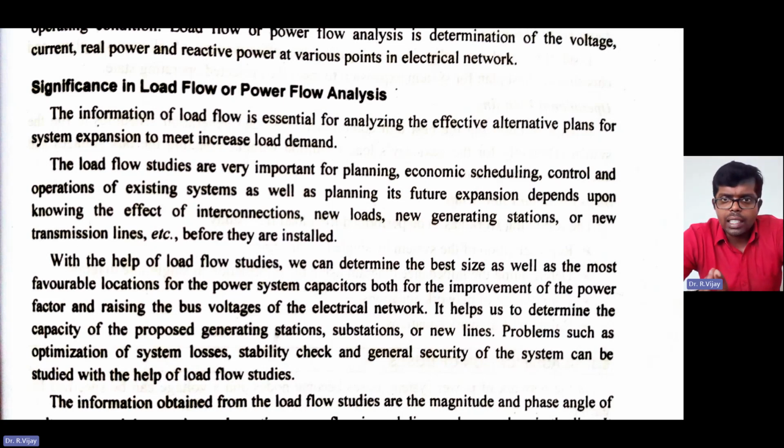Due to that, say for example, there is no water in the hydropower station. Due to the increasing load demand, the load demand can't be managed.